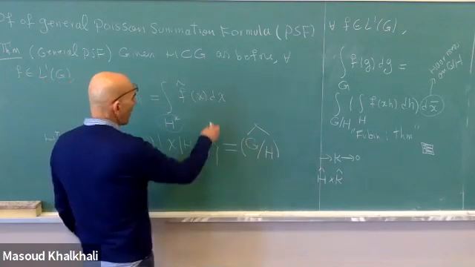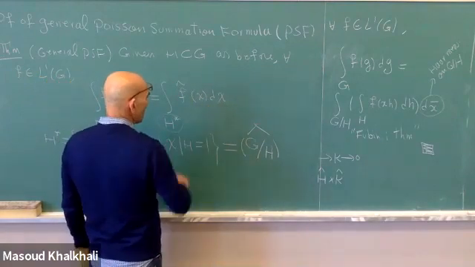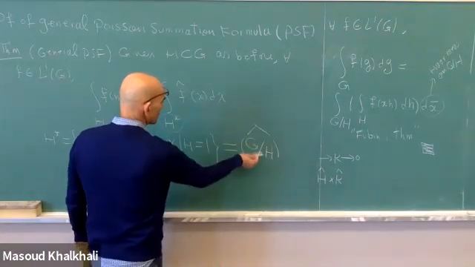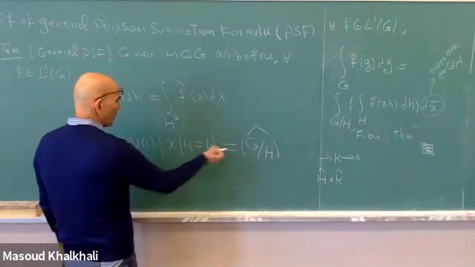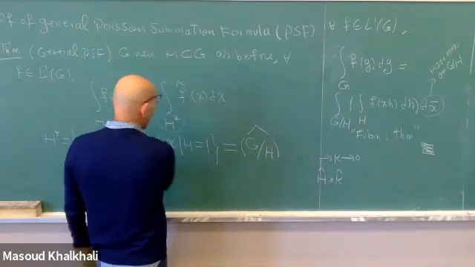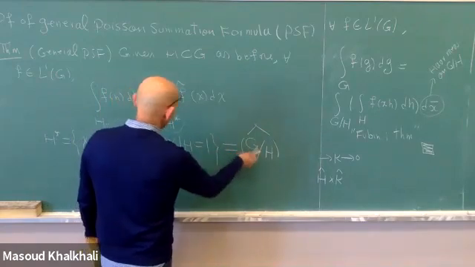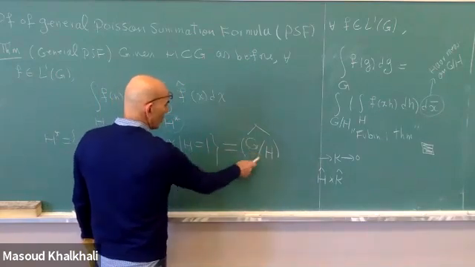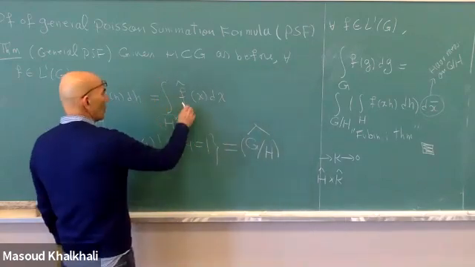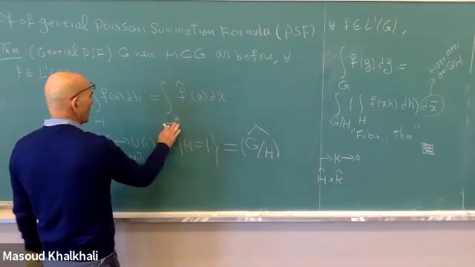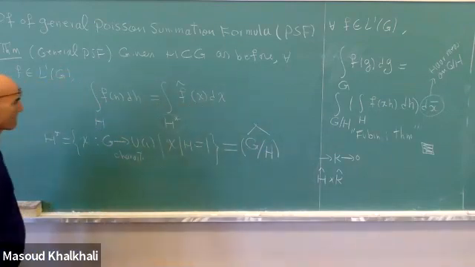The isomorphism is natural: you send the character to the quotient space. It descends to the quotient because it is 1 on H, and vice versa. So both sides are defined on this H star.